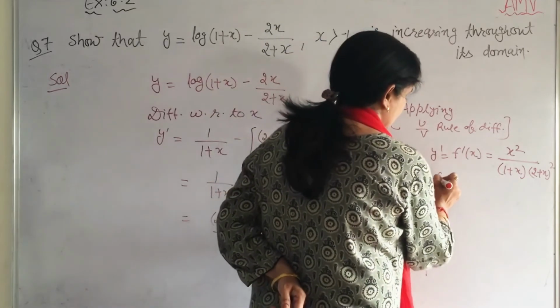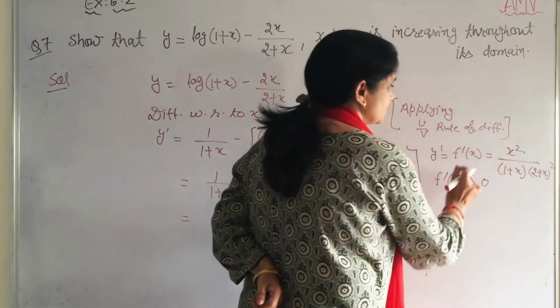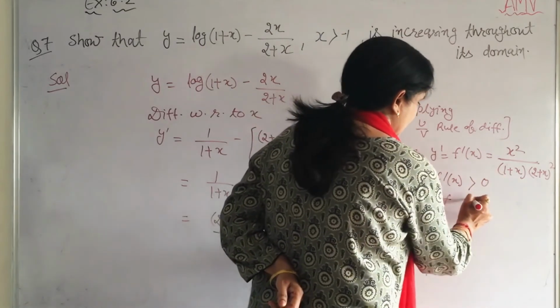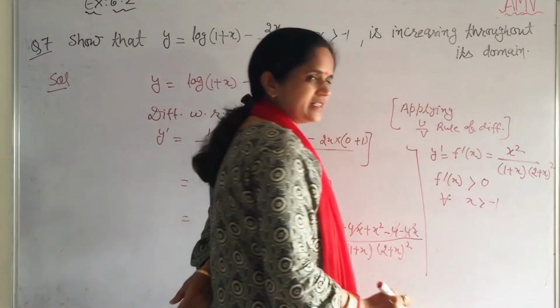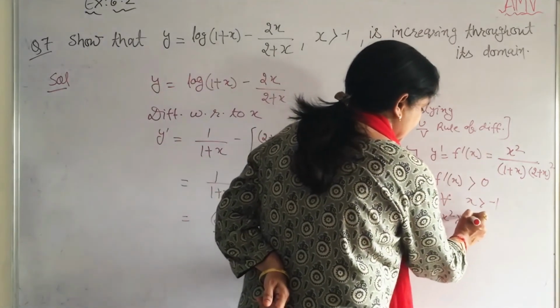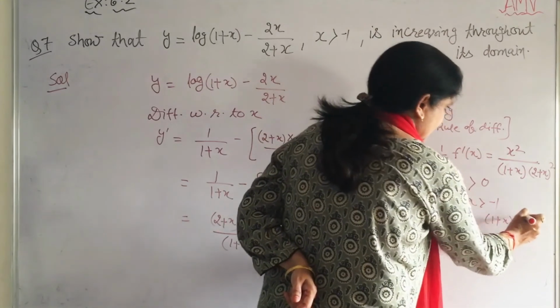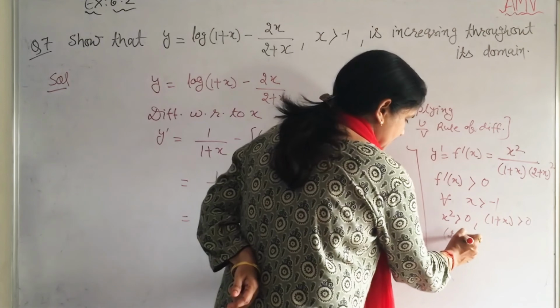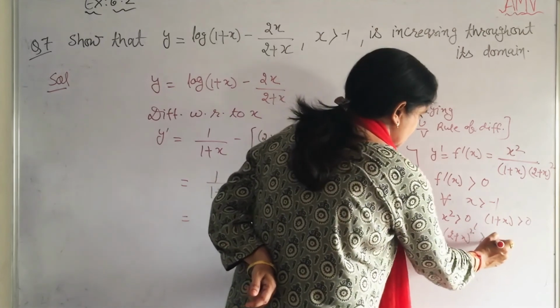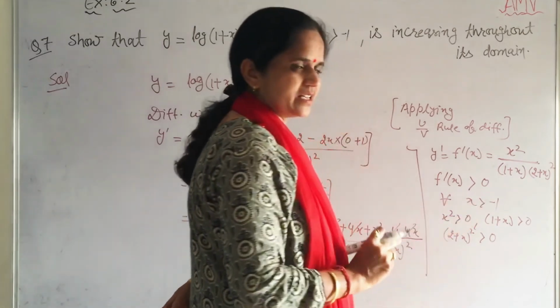So f dash x is always greater than 0 for all x greater than minus 1, since here x square is greater than 0, 1 plus x is greater than 0, and 2 plus x whole square is also greater than 0 for all x greater than minus 1.